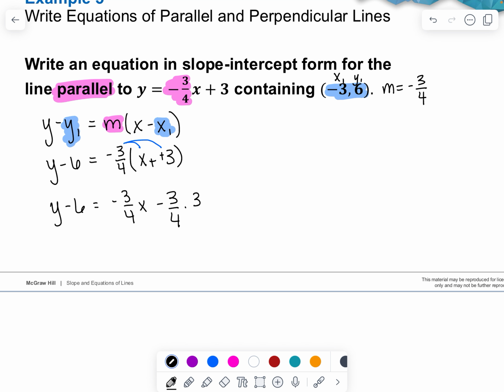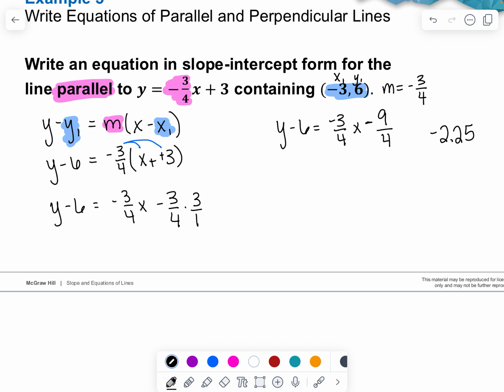And if you're trying to figure that one out, just turn it right into a fraction right away. 3/1. So what's that? Negative 3 times 3 is 9/4. Okay, so let's see. Y minus 6 equals negative 3/4 x minus 9/4. Okay. Or we could say that that is also minus 2.25. That would be okay as well, because that does come out to a nice little decimal.